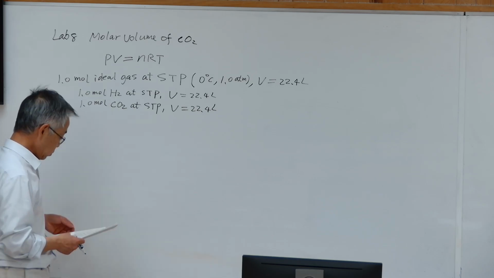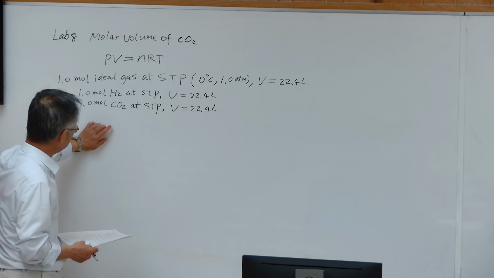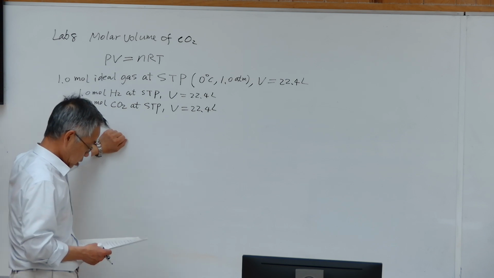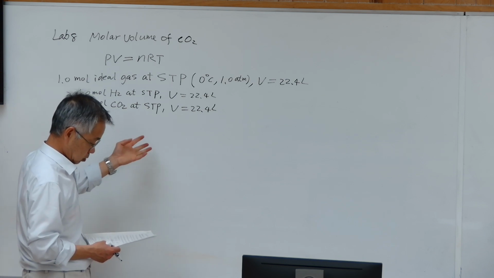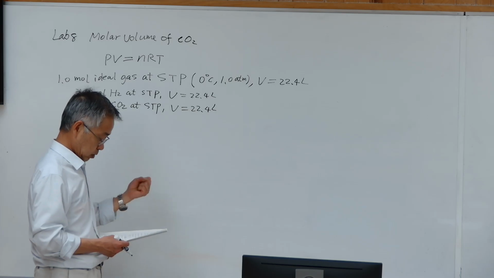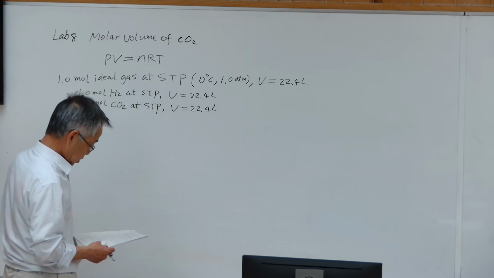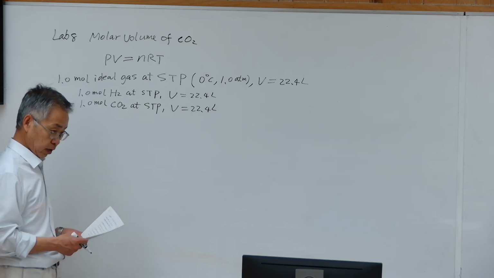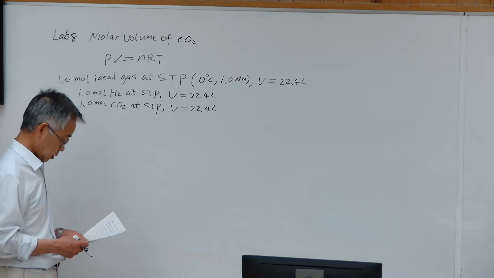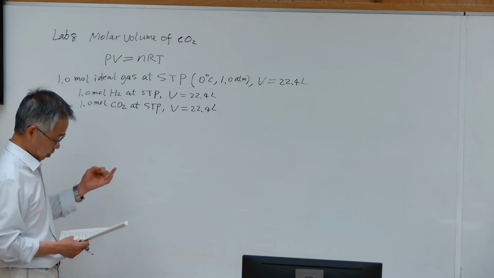So if we measure the volume of a known mass of an ideal gas under one set of conditions, like pressure, temperature, then we can calculate the volume of the same gas under another set of conditions, so another pressure and temperature.